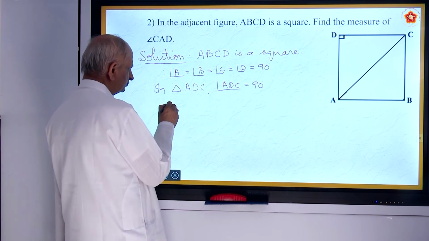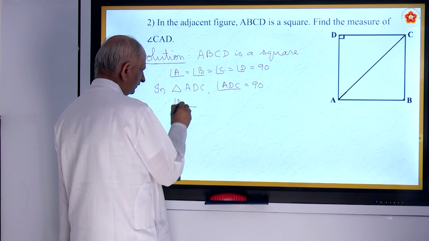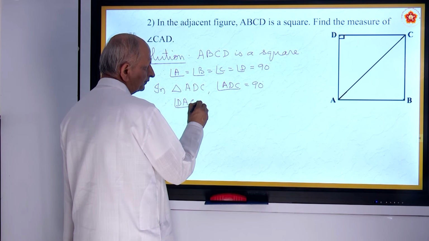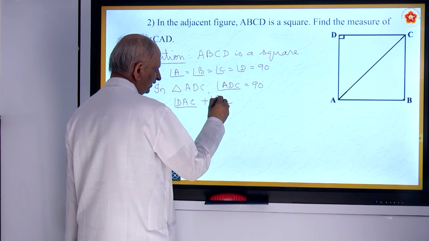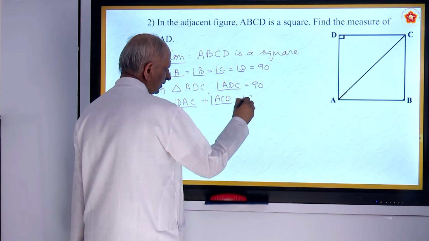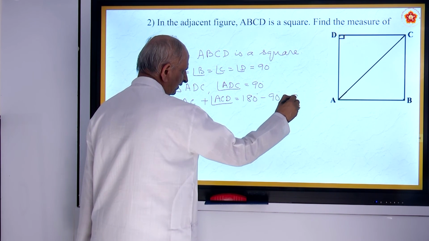And therefore, angle DAC plus angle ACD is equal to 180 minus 90. One angle is 90 given.